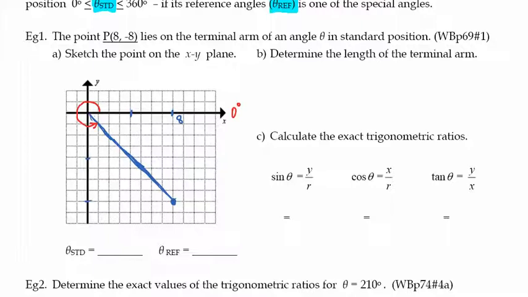Even though we have an angle that goes bigger than 90 degree, this angle in standard position is 315, I can use the reference angle to find the sine ratio, the cosine ratio, and the tangent ratio. Because technically, this terminal arm will still be able to create a right triangle for us.